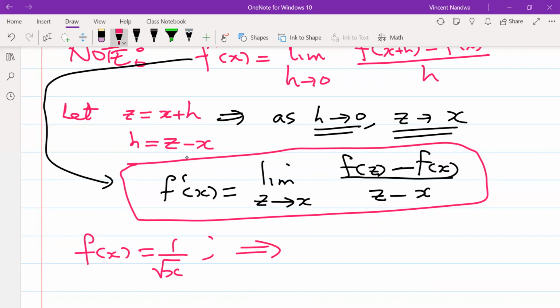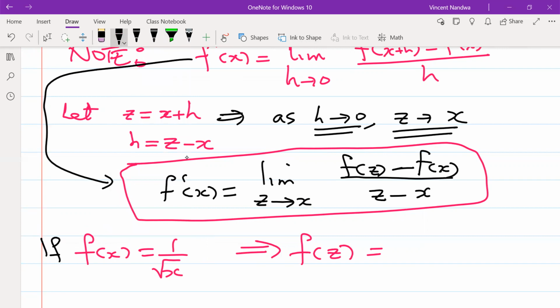Then this will mean f of z will be, if f of x is 1 over root x, then f of z is... okay. You are given the minute, no problem.